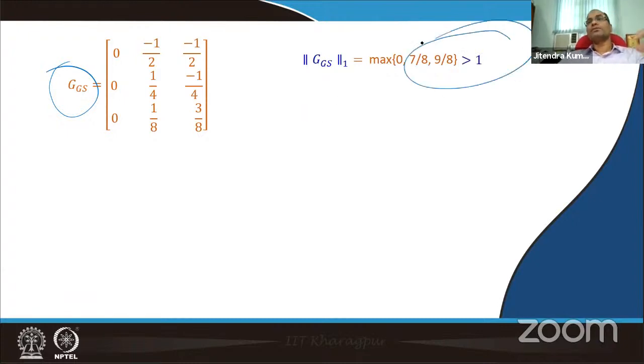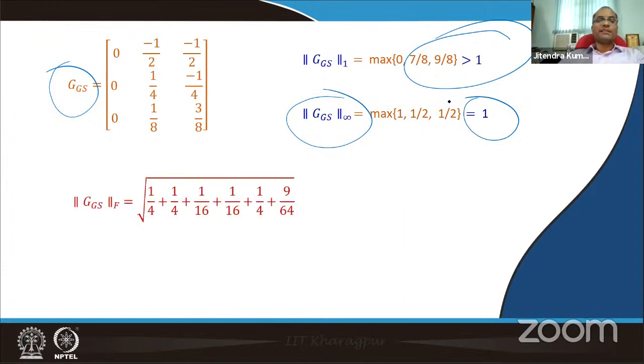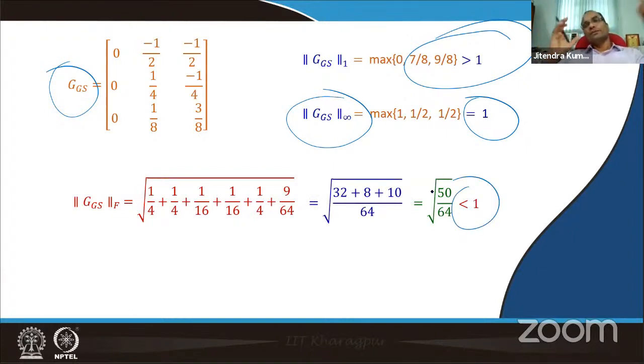We cannot tell whether it will converge or diverge. Then the infinity norm also ends up with 1, so it's not less than 1. Again, we cannot conclude anything. But then we found the Frobenius norm and observed that this is less than 1, so that's all. Here, less than 1 implies that the Gauss-Seidel method will converge. So this is one way.